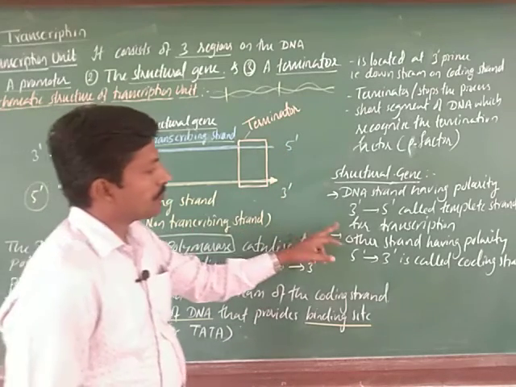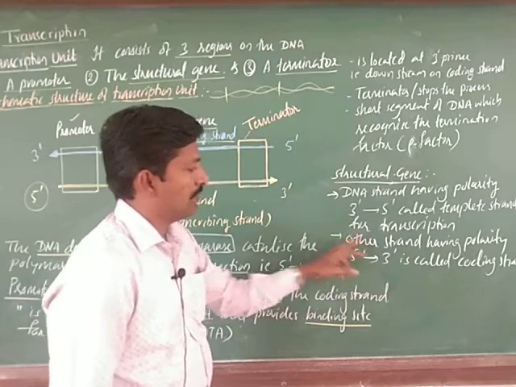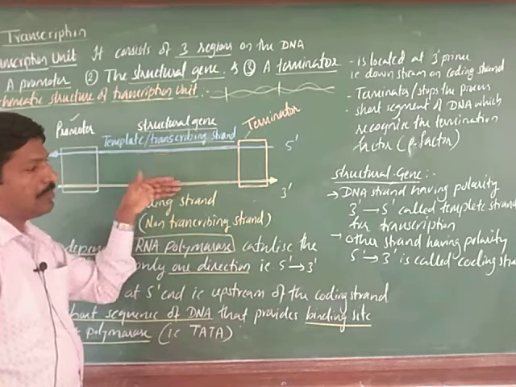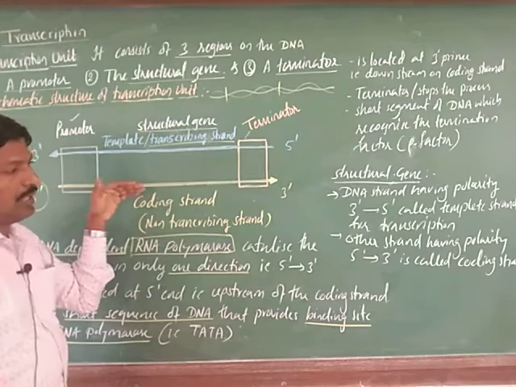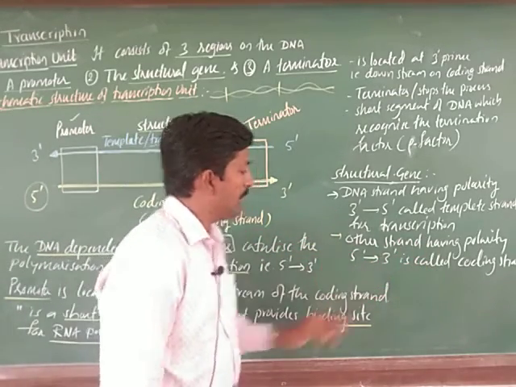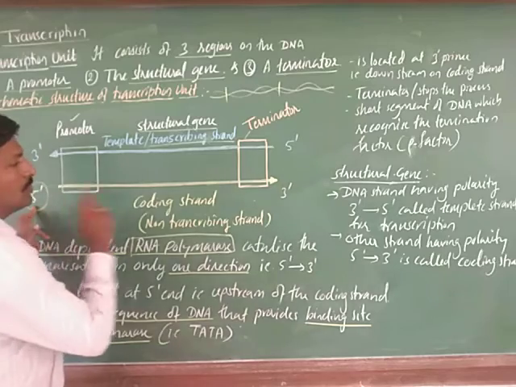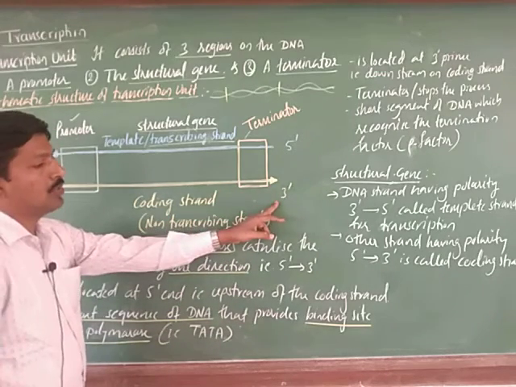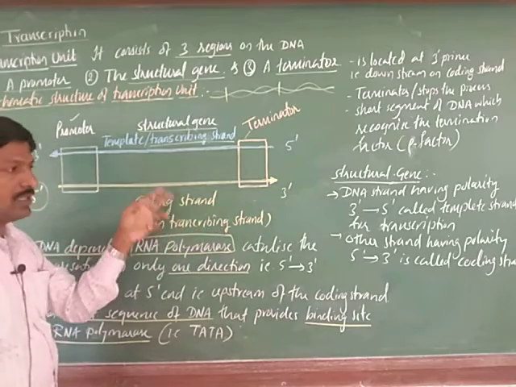Next, the other strand, which is anti-parallel, has a polarity from 5' to 3'.